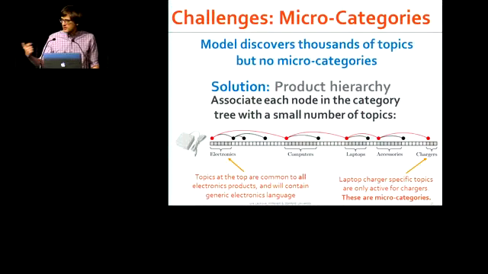And when you are estimating topic memberships of that product, all you have to do is estimate the product memberships to the topics that are active because of the path of that product in the product hierarchy. So what this means is when you are estimating topics for a laptop charger, you have to estimate its membership to these particular subsets of topics and maybe not the topic about baby food or something like that, right? This means that we are in some sense sparsifying the topic memberships, and the inference task becomes much simpler and we can train much larger numbers of topics.